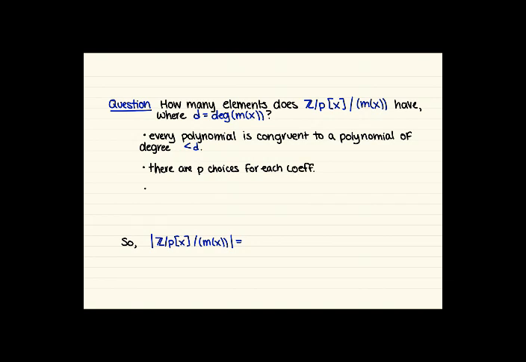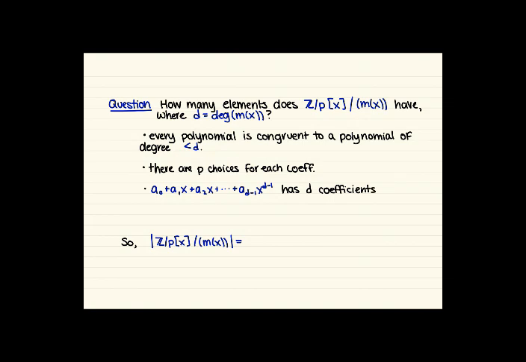And if we look at a polynomial of degree less than d, we can write that as a0 plus a1x plus a2x squared plus up through a_{d-1} x to the d minus 1. This has d coefficients once we make sure we count that 0th coefficient or constant coefficient.